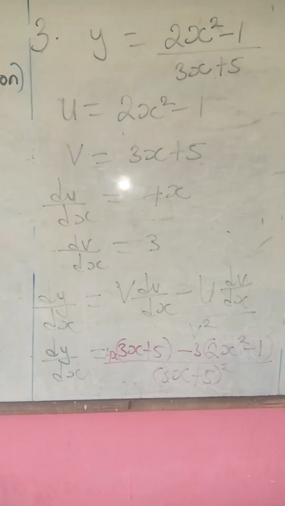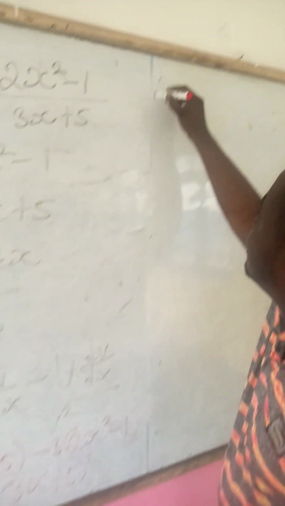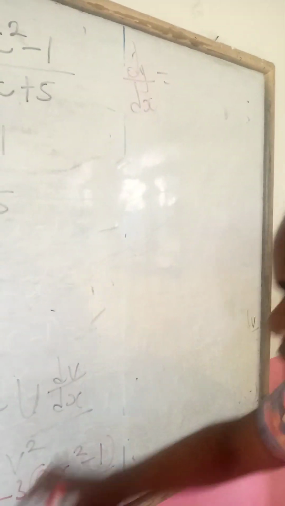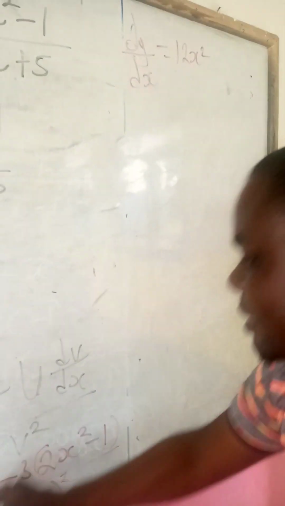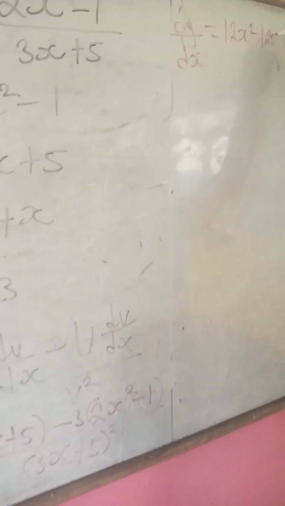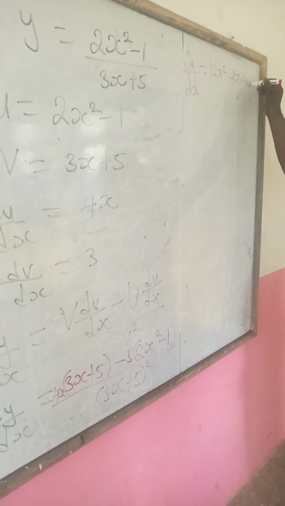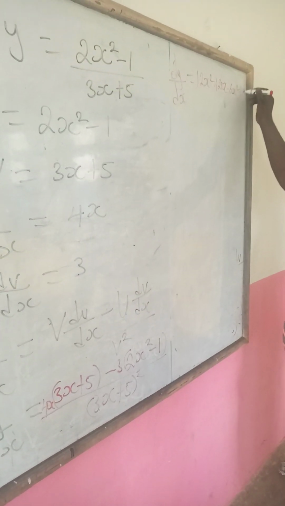So we are going to continue. We need to open the bracket. So let me open the bracket here. So my dy dx equals 4x times 3 will give me 12x squared, okay? 4x times 5 will give you 20x. Then minus 6x squared. Minus times minus is plus 3.